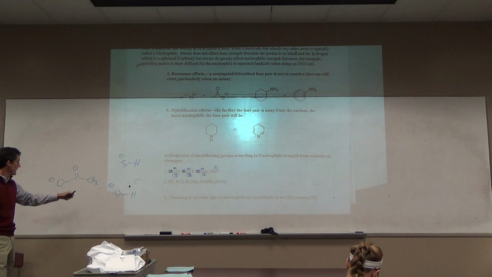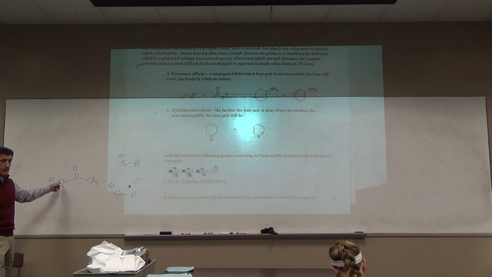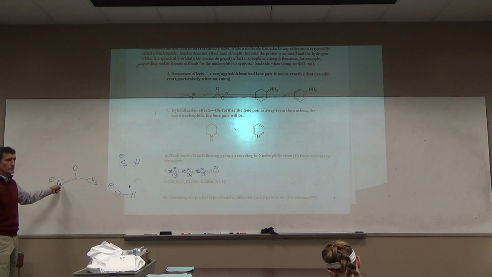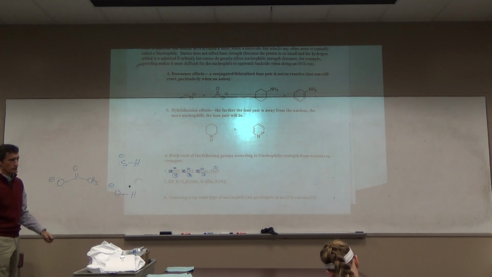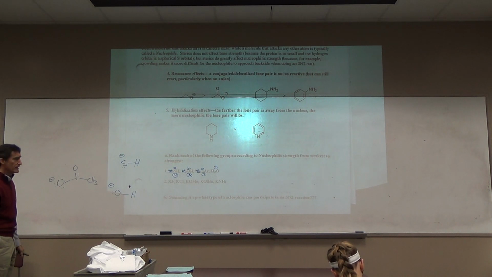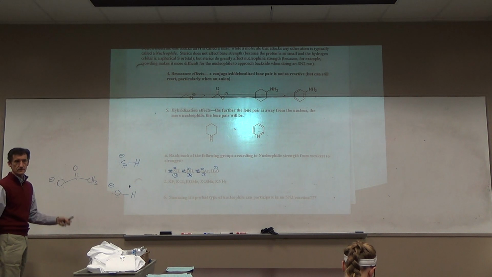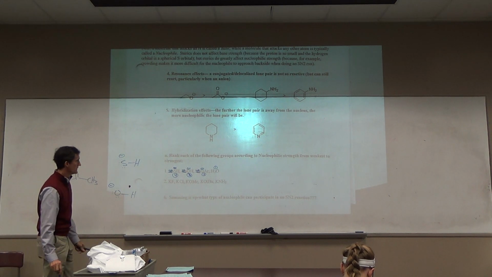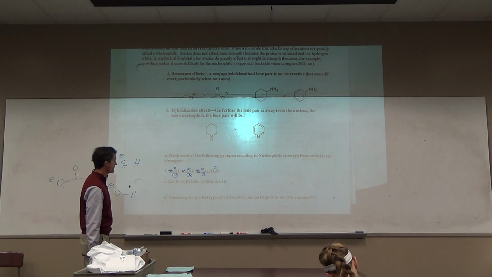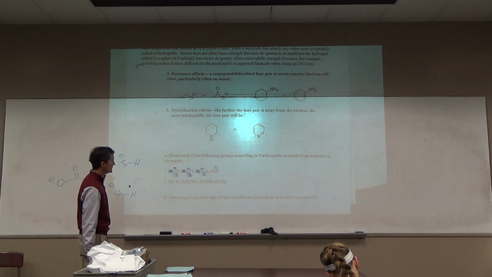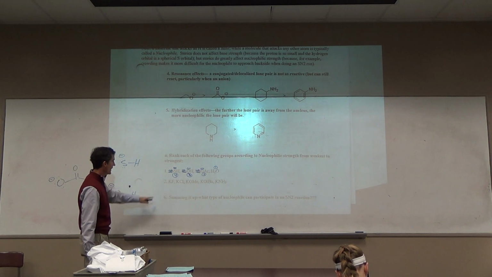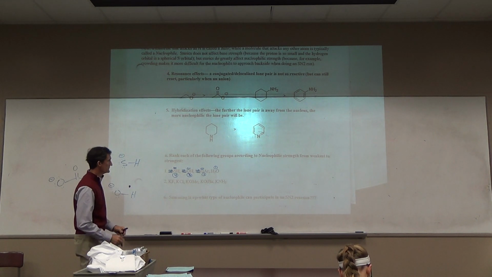And water's the worst. At least this is an anion. An acetate anion is going to be a better nucleophile than neutral water, neutral oxygen. Even though it's delocalized, it's still an anion. You can try number 2 on your own.